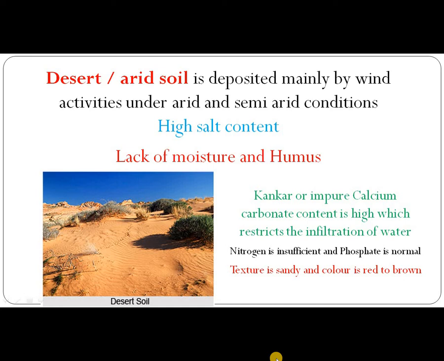This desert soil is characterized by the presence of kankar, or impure calcium carbonate content, which restricts the infiltration of water. Nitrogen is insufficient and phosphorus is normal. Texture is sandy and color is red to brown.